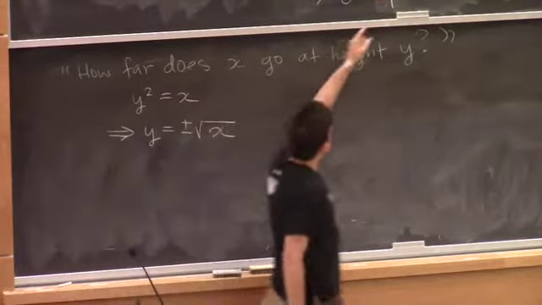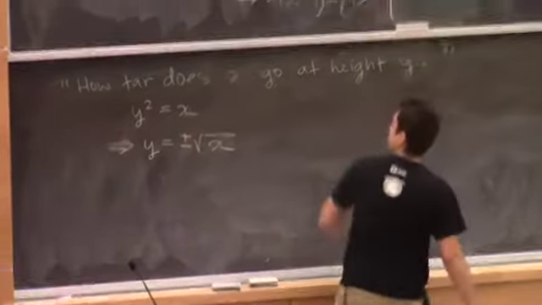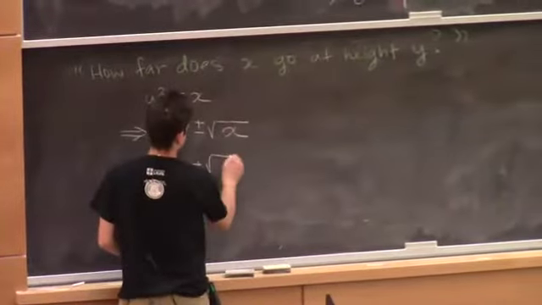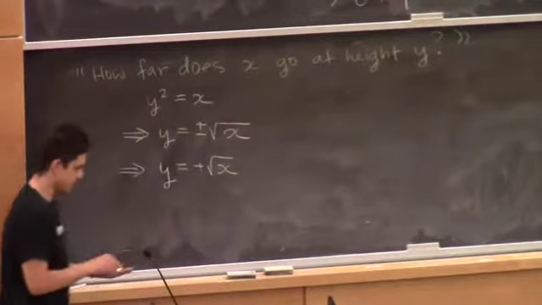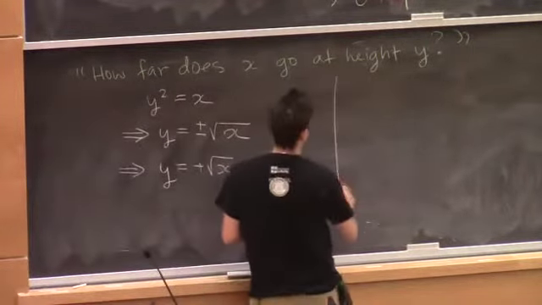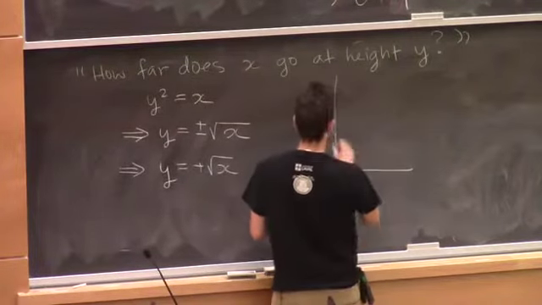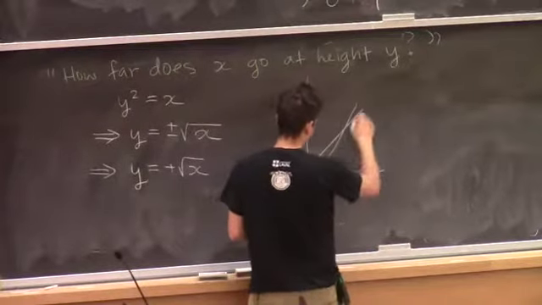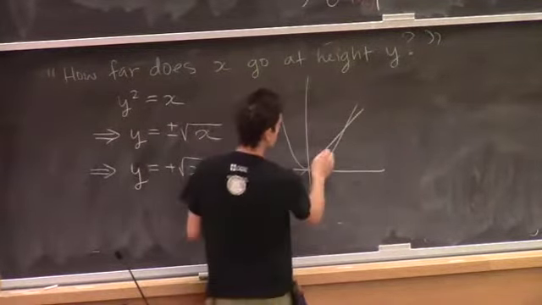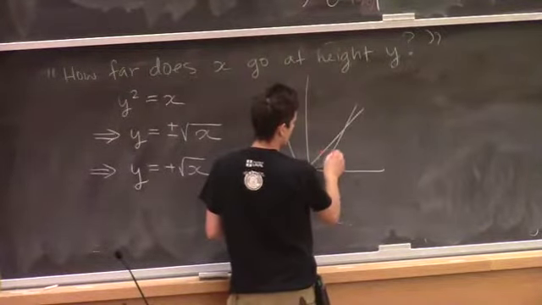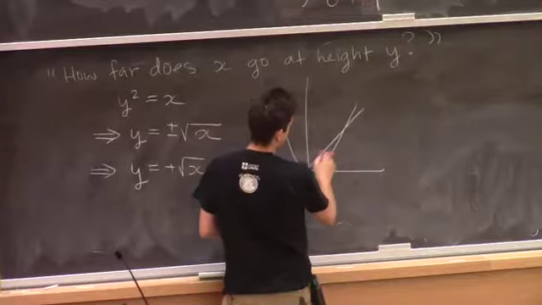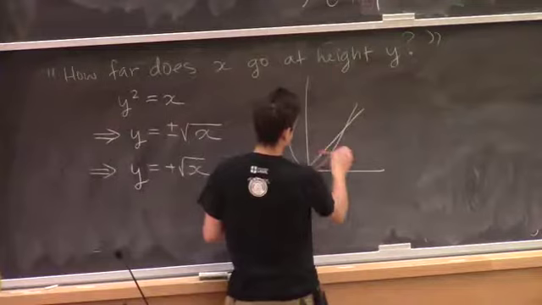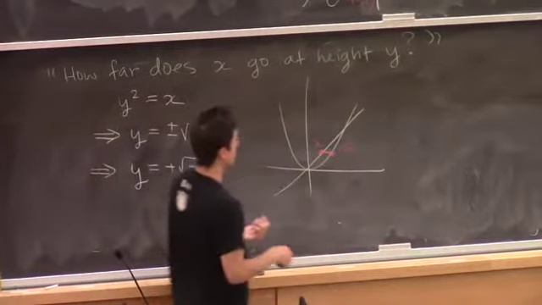The only values that we see are these guys, the positive ones. Positive root x. So what does this measure? Okay, if we go on these horizontal slices here, then we're going to be traveling between x and root x.